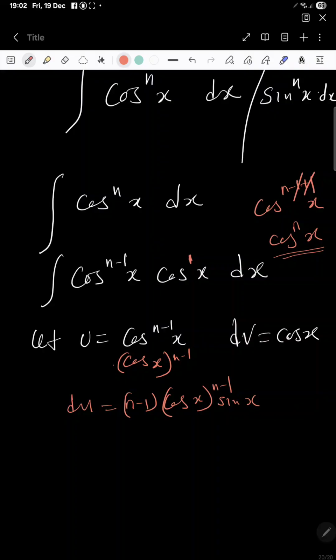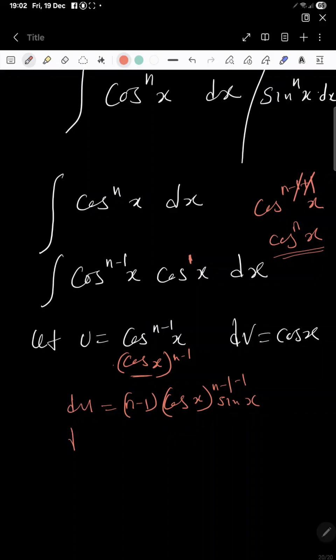I have multiplied the power with the coefficient, and the power has reduced by 1, which is going to be n minus 1 minus 1. After you've done that, don't forget to multiply by the derivative of what is inside, which is sine x.